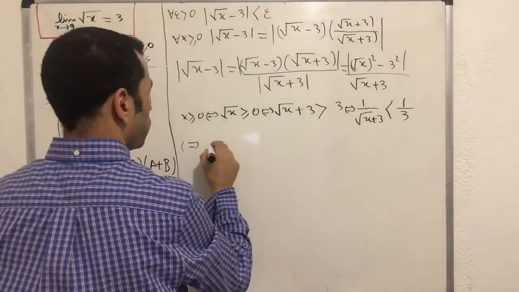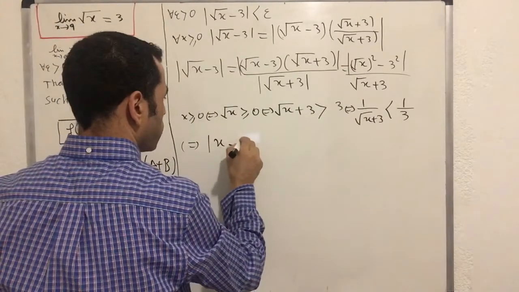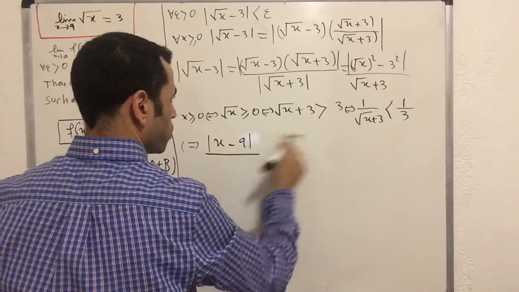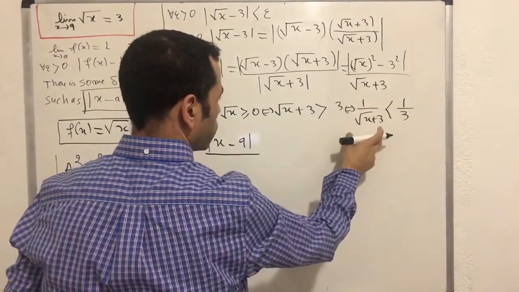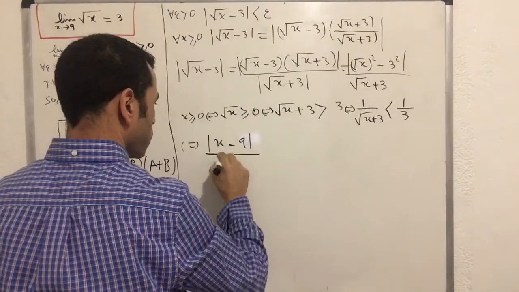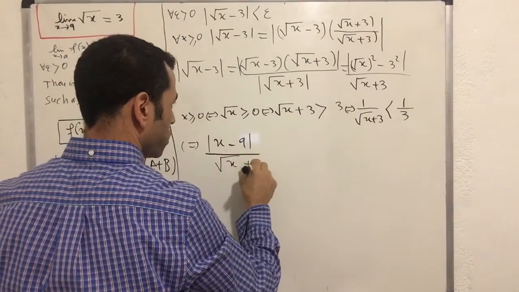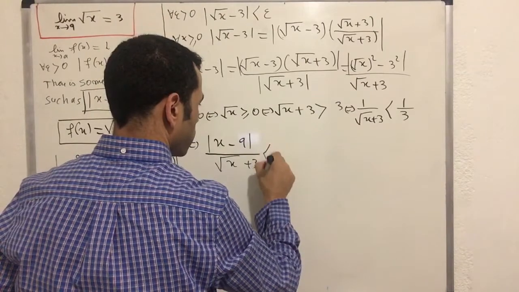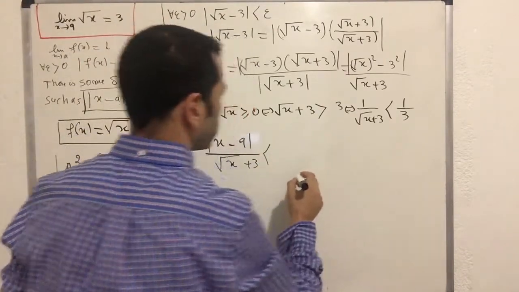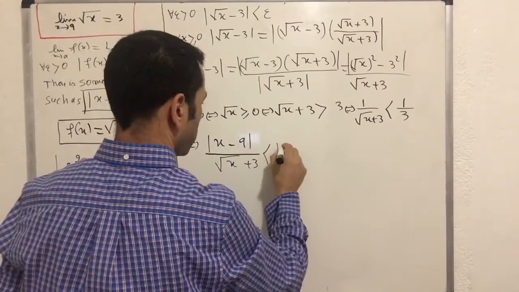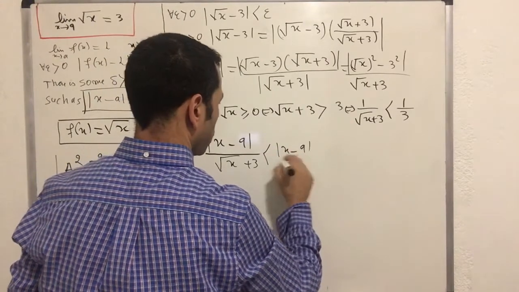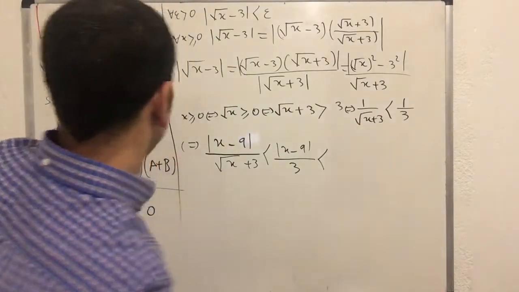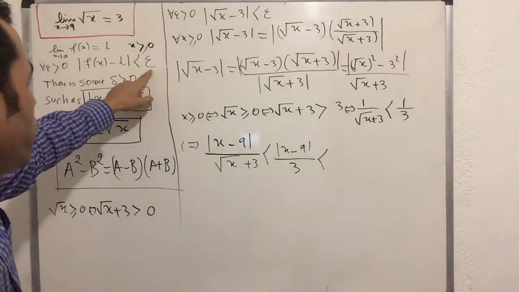So now we have the absolute value of x minus 9 over the square root of x plus 3, inferior than the absolute value of x minus 9 over 3, which is strictly inferior than epsilon.